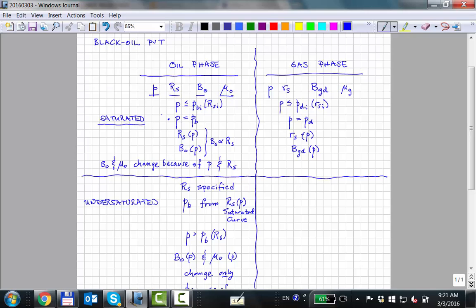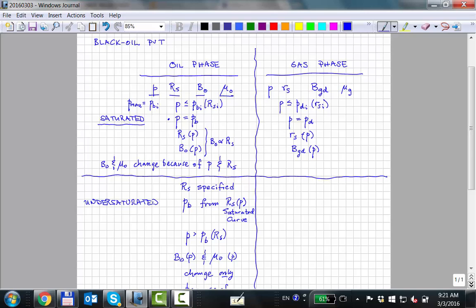Now, in the table, there will be some maximum, and this really should be written PBI. It's just the maximum pressure in the saturated table. Typically, that maximum pressure will be the highest expected bubble point of any oil in your system.